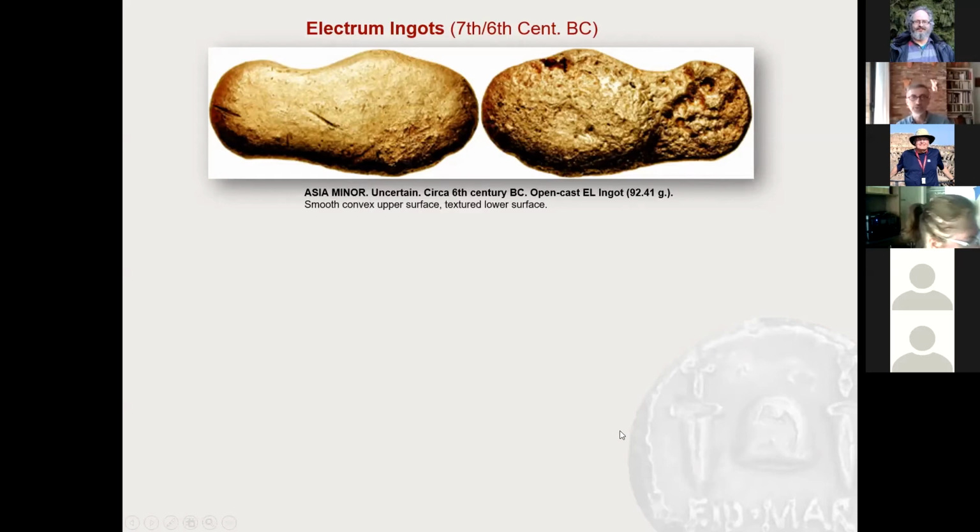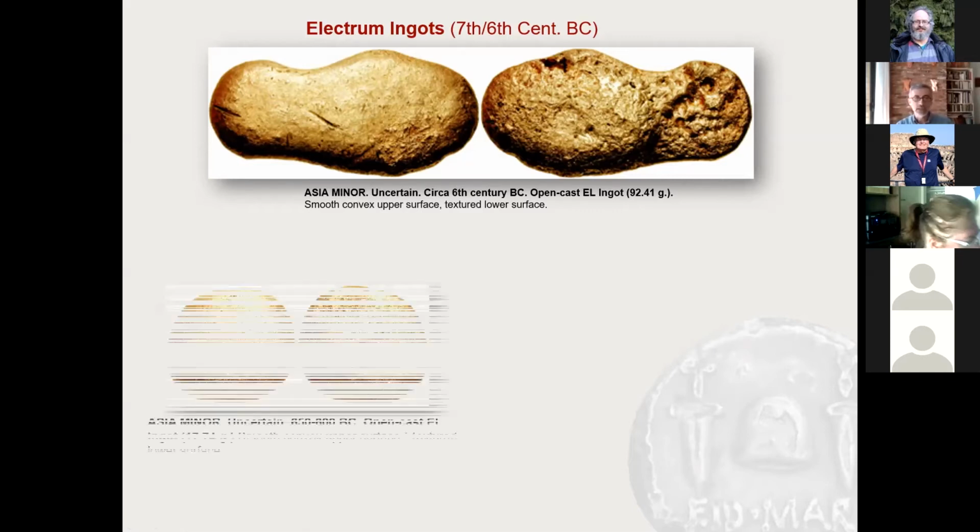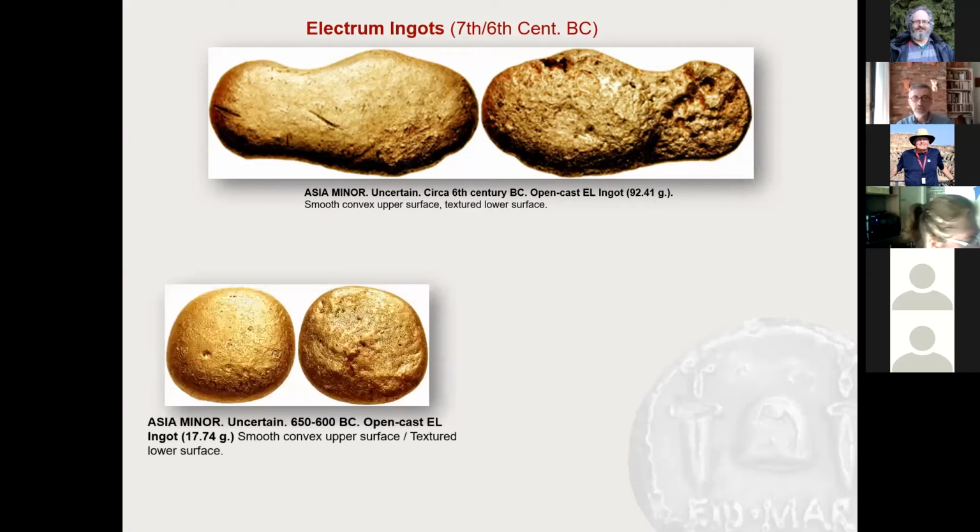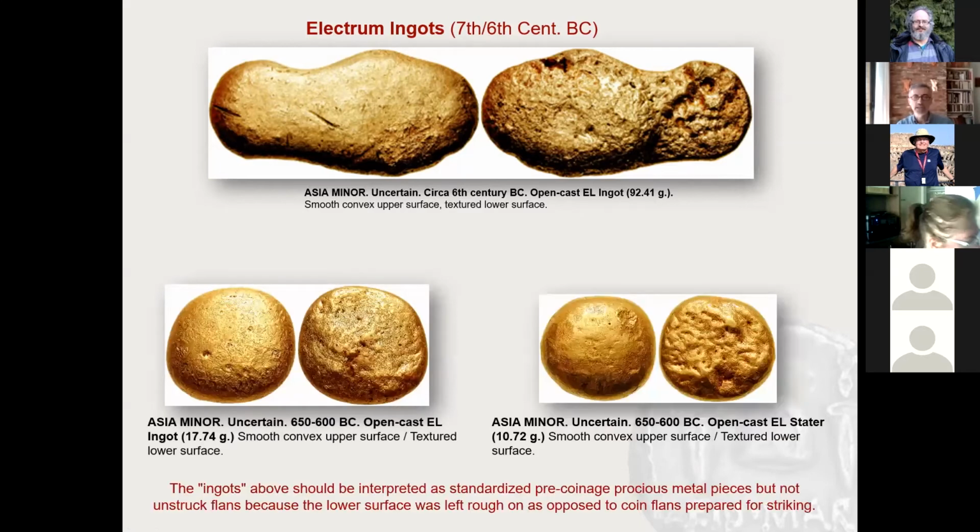They were not just coincidental pieces of metal, and they came in certain weight standards that tell us that they were intentionally cast to represent a certain intrinsic value of that metal.